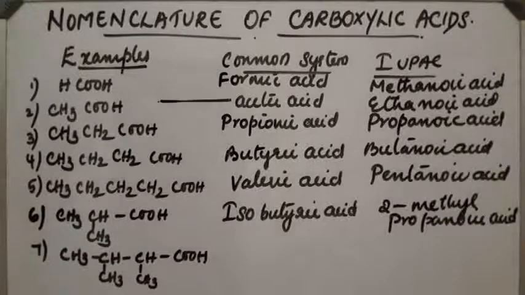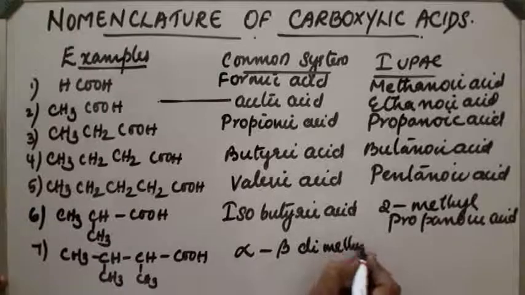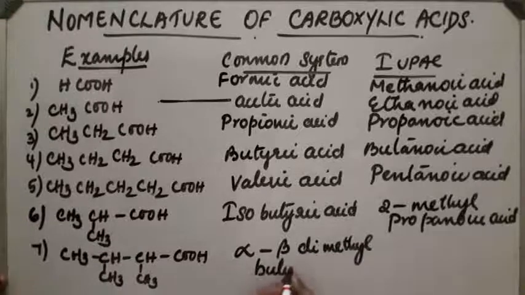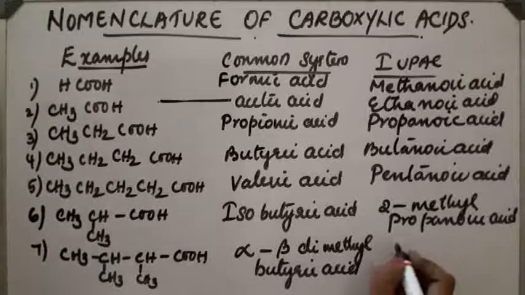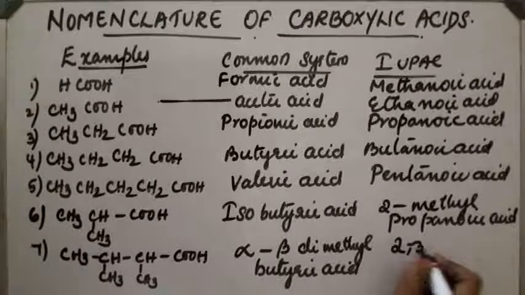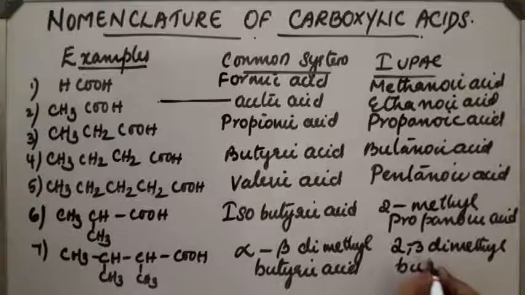Next compound, in the common system, is called alpha, beta-dimethyl butyric acid. It has 4 carbon atoms, and at the alpha and beta positions, 2 methyl groups. Here it is 2,3-dimethyl butanoic acid.